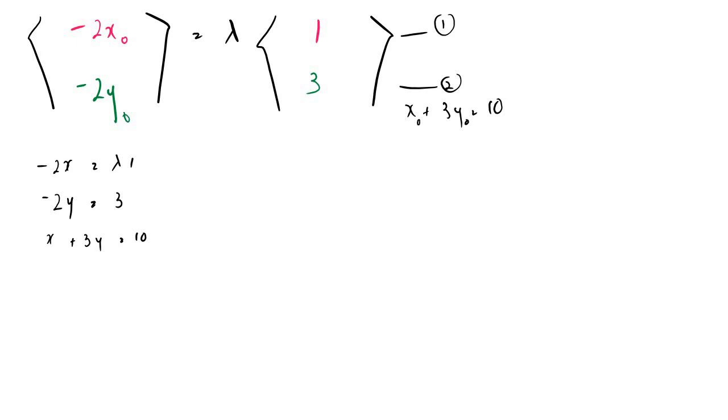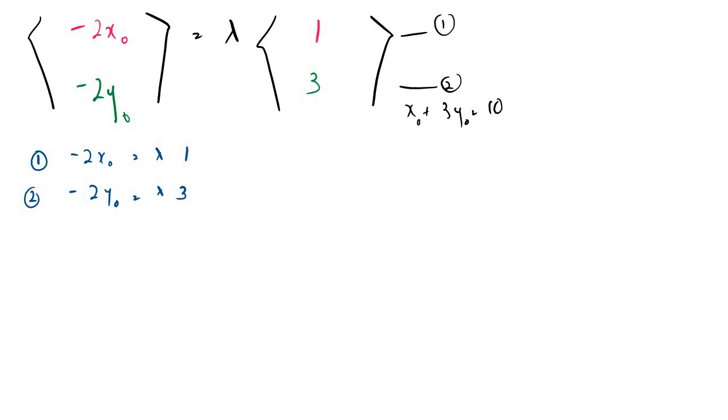So this should be lambda. Let's rewrite these equations. Equation 1 would be minus 2x0 equals lambda times 1. Equation 2 would be minus 2y0 equals lambda times 3.